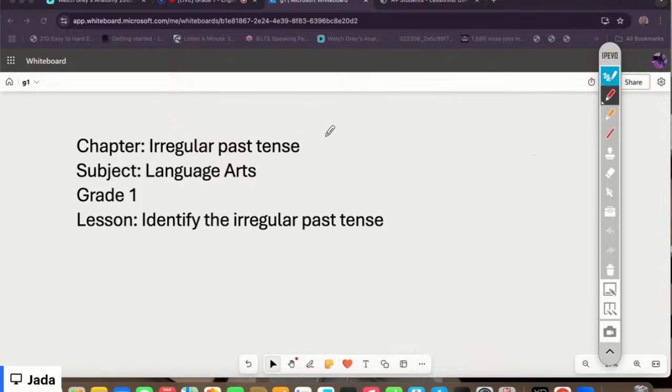Today, our chapter will be irregular past tense. First, you have to log in using aplusstudent.com.